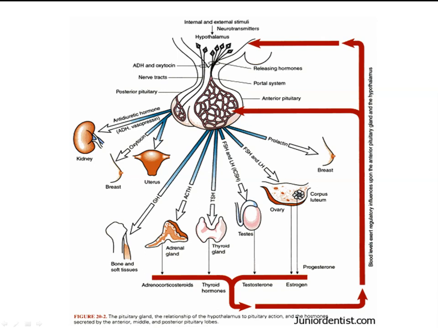That means the nose would be over here and the back of the head over here. This is a neat graphic in that it shows you the function of the anterior pituitary gland, what it releases and its target cells, and the function, what it releases and the target cells of the posterior pituitary.